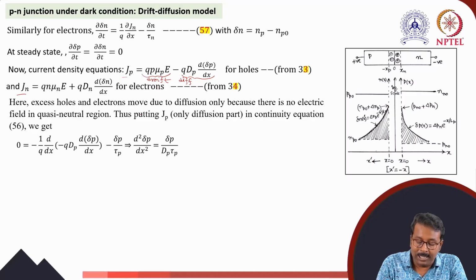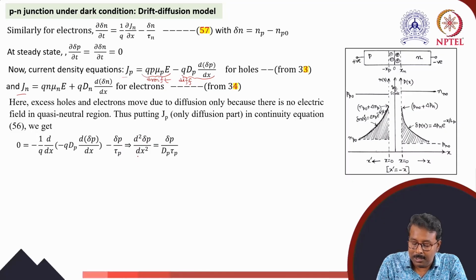Now, Jp becomes Jp equal to minus q Dp d/dx of delta p, and put this Jp value into the continuity equation 56, which we discussed earlier. At steady state, the left side is 0, equal to minus 1 by q d/dx of minus q Dp d/dx of delta p, minus delta p by tau p.